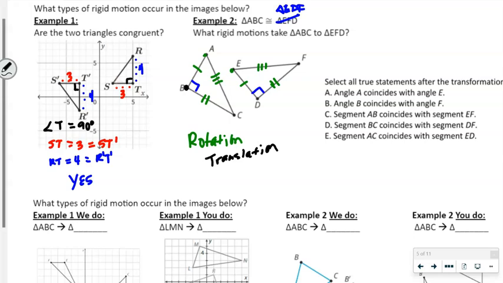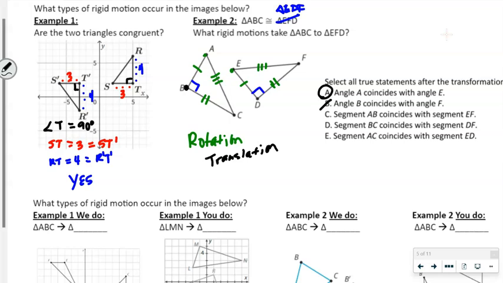So then it's to select all the true statements after the transformations. So it says angle A coincides with E. Yep, that's a true statement, right? Okay. Angle B coincides with F. B and F, no, because those are both right angles, right? So that one's definitely not true. Segment AB coincides with segment EF. AB is the short side.